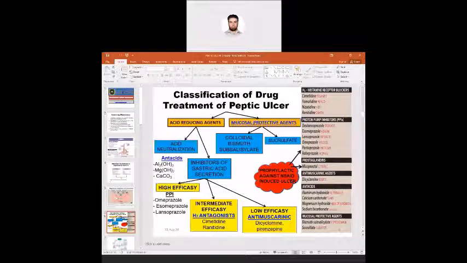So by this, giving the gastric or the duodenal mucosa more time to heal without being affected by the invading acid and pepsin.